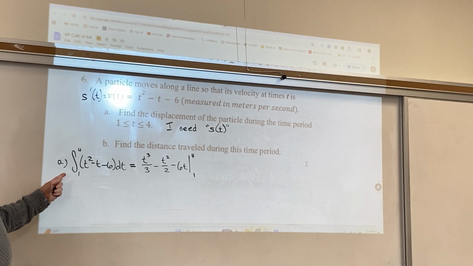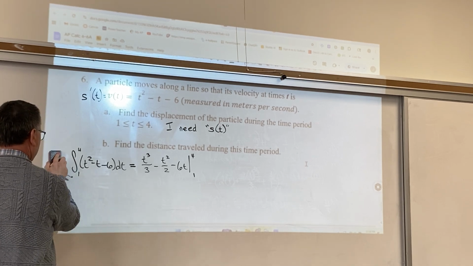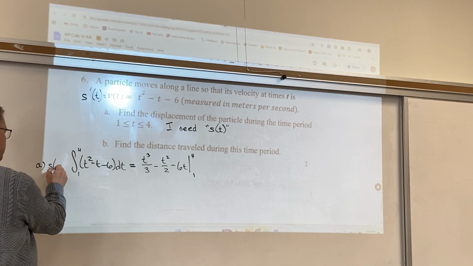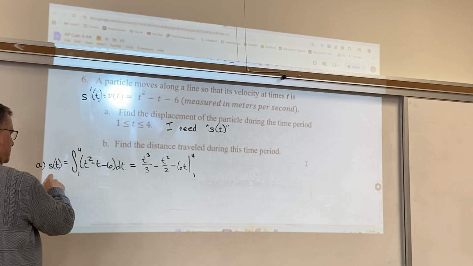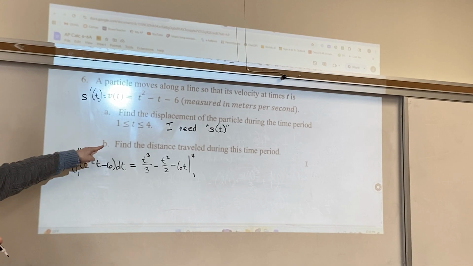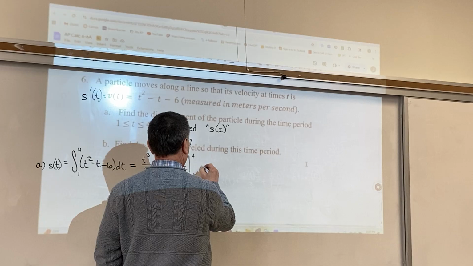Let me back it up a little bit. S of t is the antiderivative of this, and there's the antiderivative.